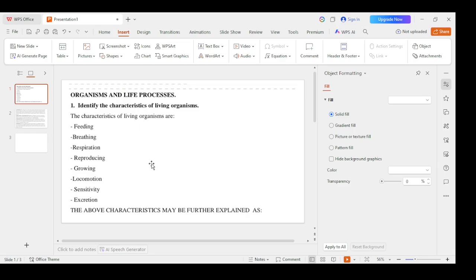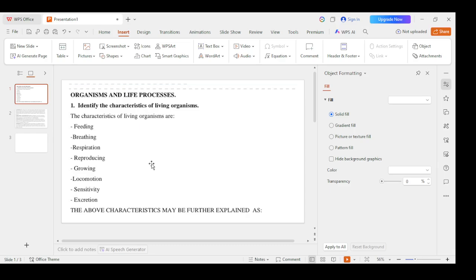Now when we talk about biology, we are simply talking about the scientific study of life and living organisms. This scientific study of life investigates the structure, the function, the growth, the origin, or the evolution of living things.